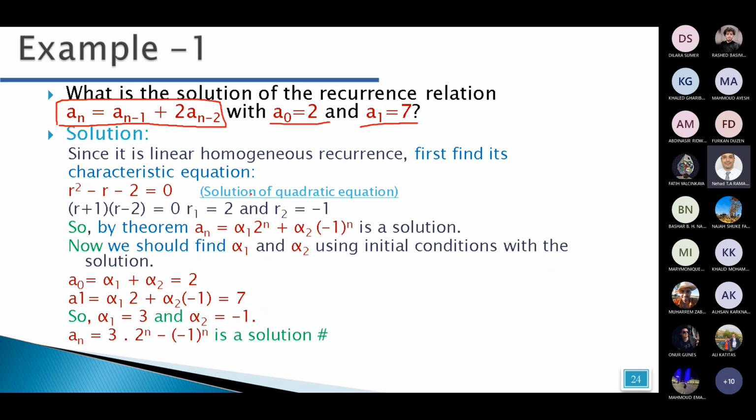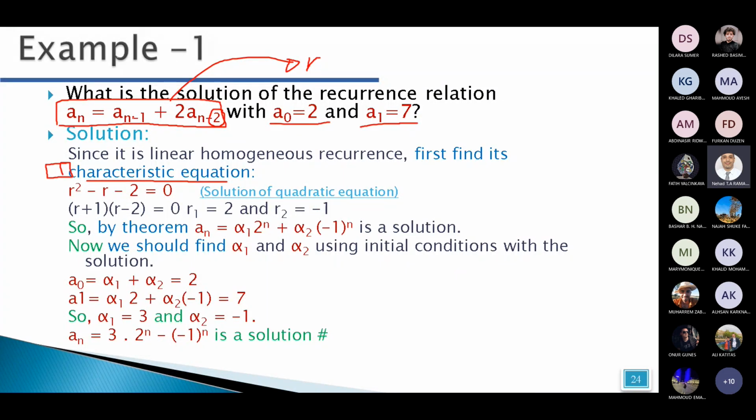First step is to find the characteristic equation. So what's the characteristic equation here? We have to know k equals 2. So instead of n, we put 2, and instead of a, we put r.